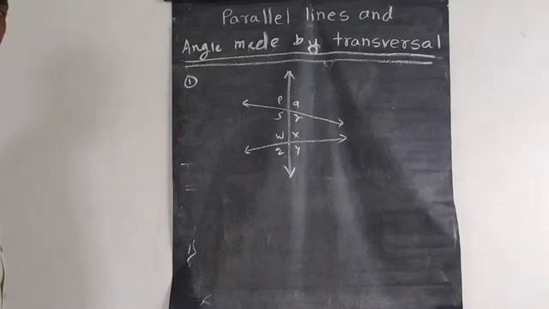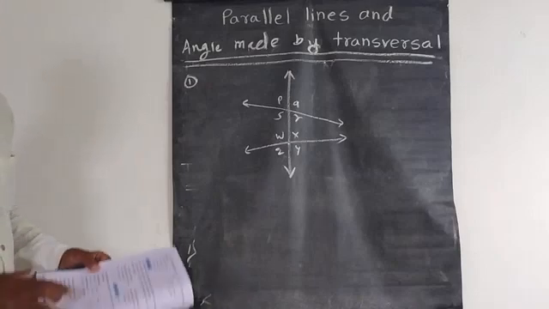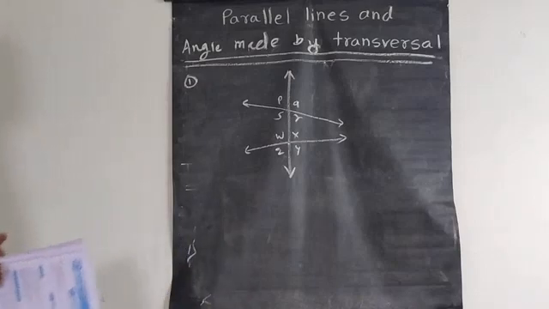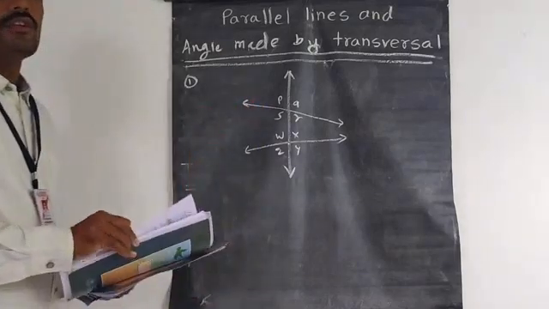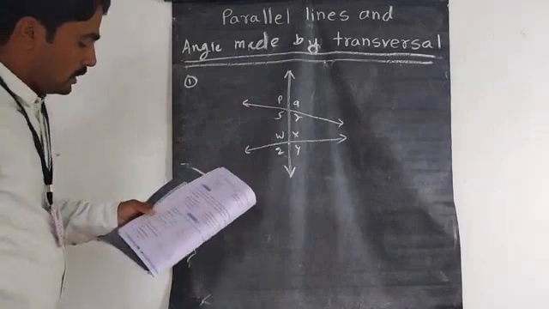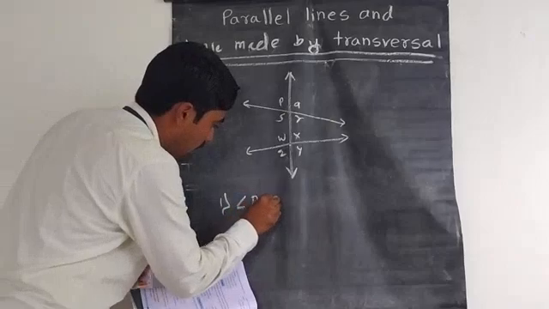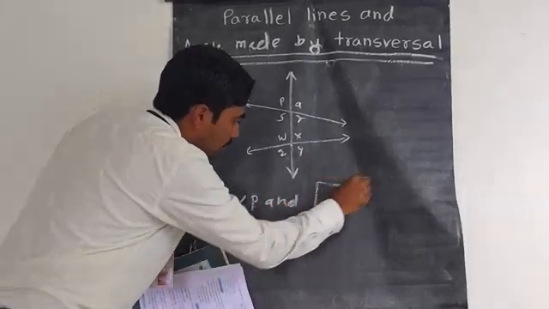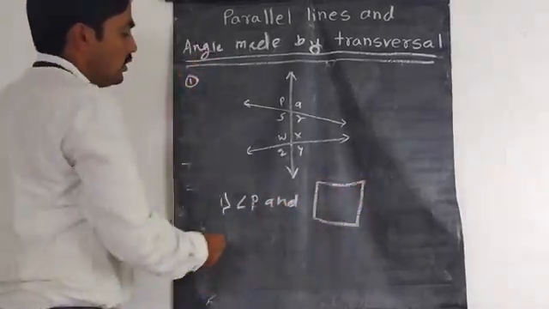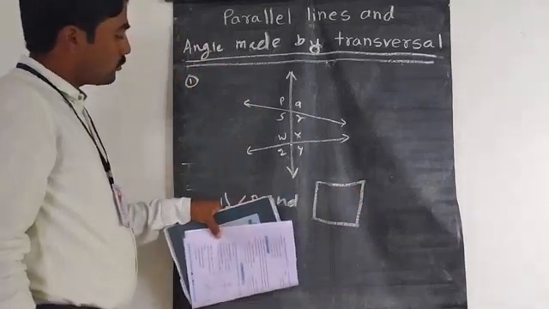I told you the definition, the statement of corresponding angles. Which are the corresponding angles? If the arms of a pair of angles on the transversal are in the same direction and the other arms are on the same side of the transversal, those angles are called corresponding angles. Now the first question is about angle P. Which angle corresponds to angle P?